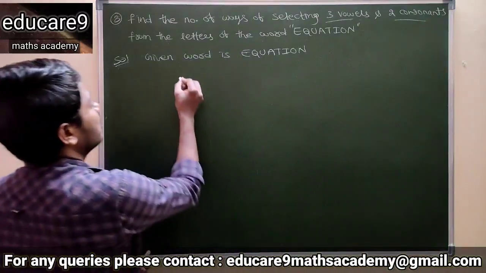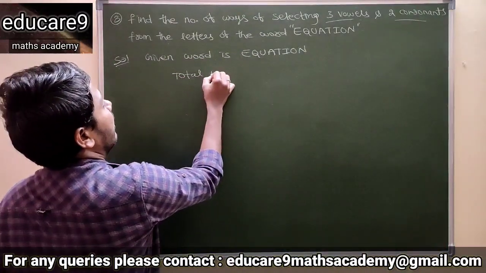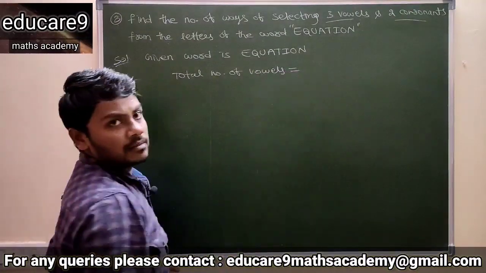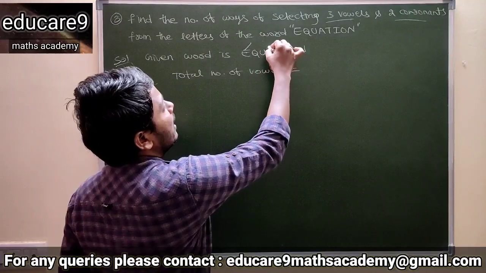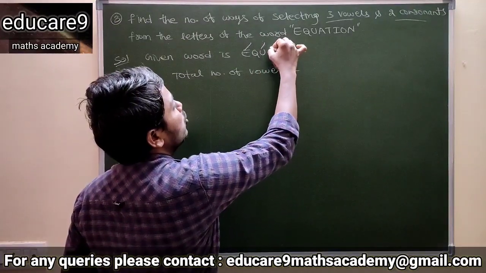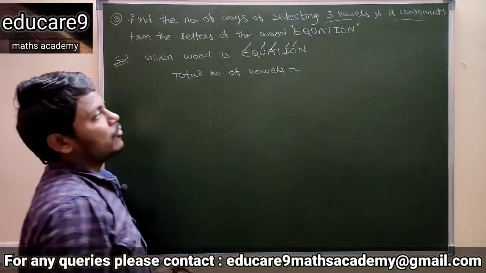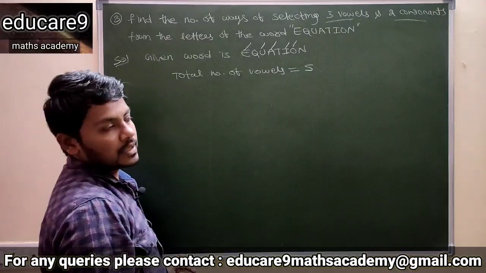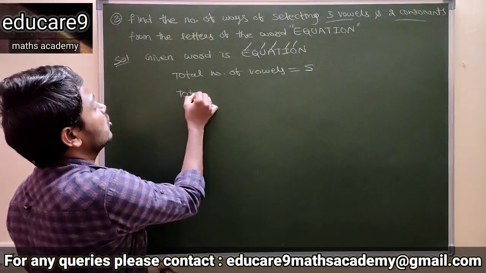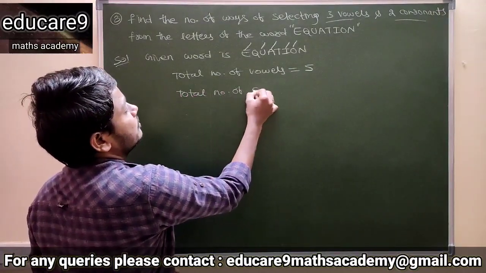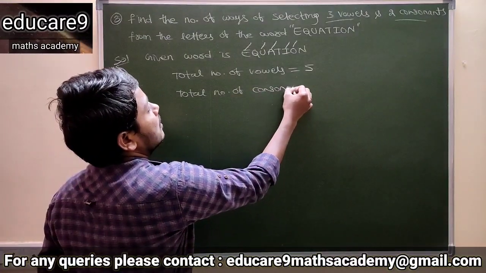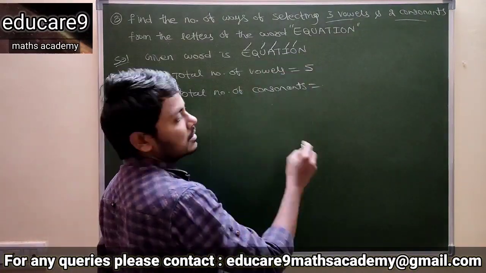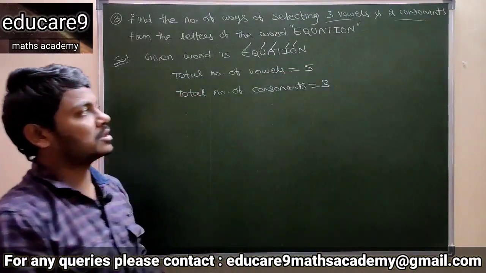So see here, total number of vowels. How many vowels here? E is a vowel, and U, A, I, O. So total 5 vowels. And total number of consonants: Q, T, N. So the number of consonants is 3.